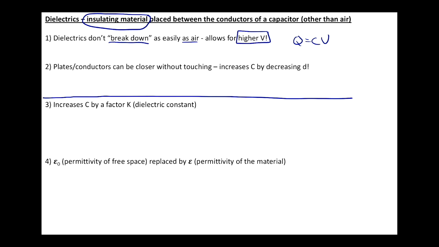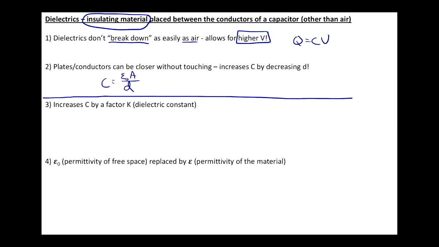So number 2, we'll talk about number 2. The plates, or the two conductors of my capacitor, we can actually get them closer together without a risk of them touching. If they touch, well, then the charge just goes across. That's the same thing as it breaking down. It's not storing charge anymore. But you might remember from our equation for the parallel plate capacitor that one of the ways to increase the capacitance is to lower D, the plate separation, to get those two conductors closer and closer together.